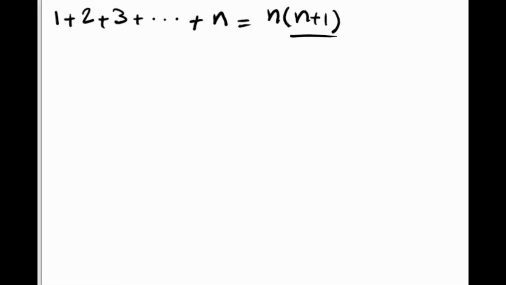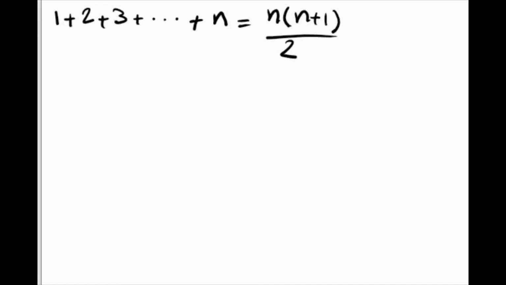So our summation formula is 1 plus 2 plus 3 plus and so on, until it reaches a number called n. And the formula for this is n times n plus 1, divided by 2. That means for any number of integers that you're adding together, you can plug n into this formula, and when you get the answer, you will get the summation of all the numbers up to n.